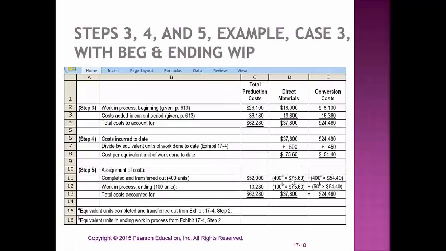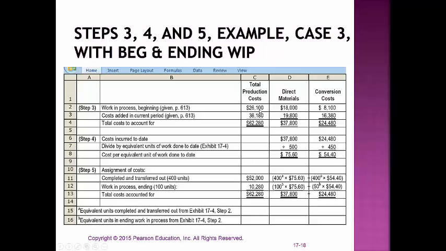Alright, work in process, the fact that we had beginning inventory means that we've got some beginning costs that are being brought forward on our balance sheet in regards to the inventory here. So if we were to go back, we discussed the fact that we had $18,000 in direct materials cost and $8,100 in conversion cost for those beginning 225 units for a total of $26,100.